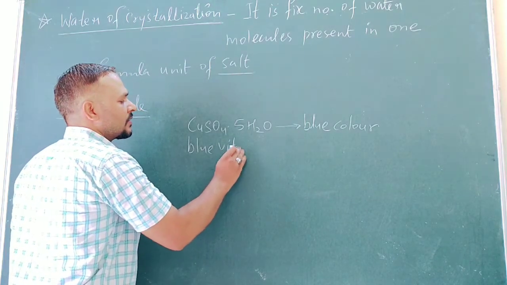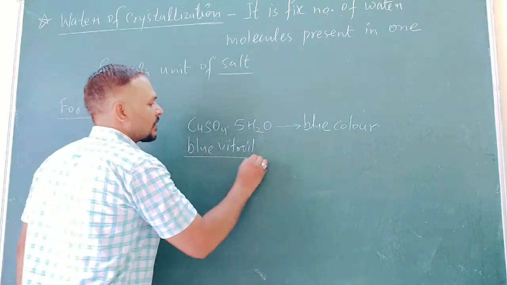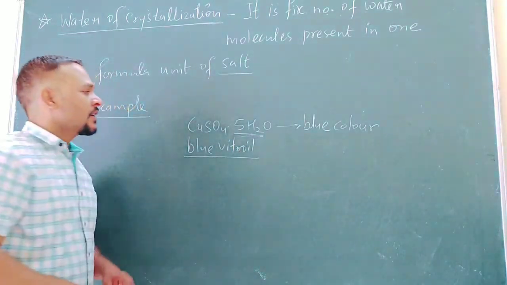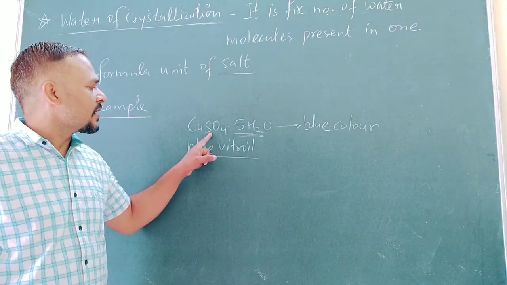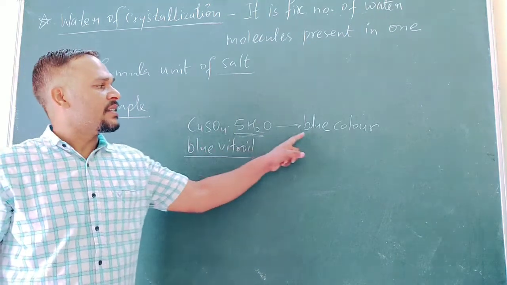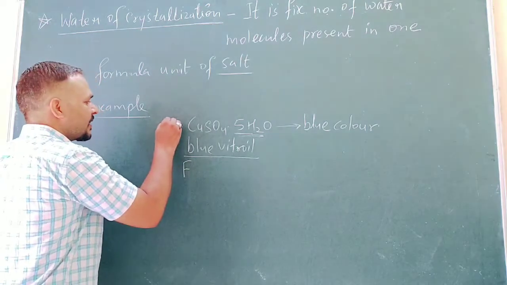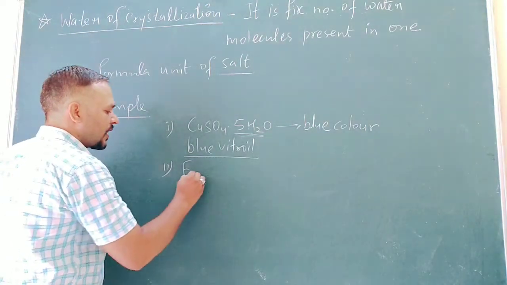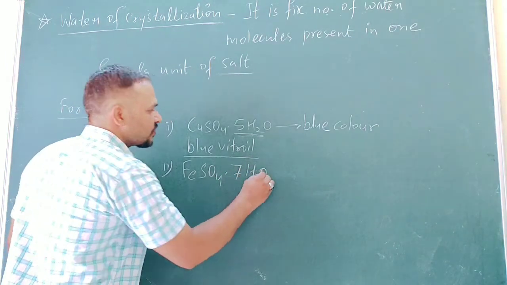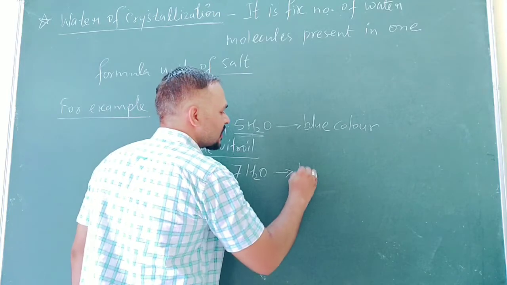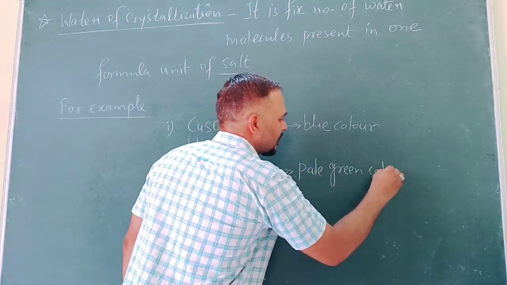Here you can see the 5 water molecules with the copper sulfate, and its color is blue. This is example number 1. This is example number 2: iron sulfate dot 7H2O. Its color is pale green.